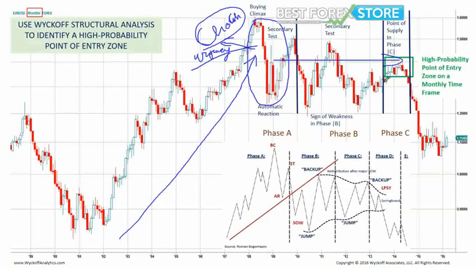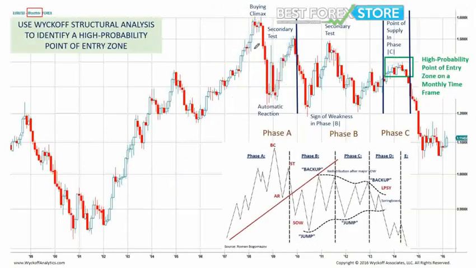Now, imagine how huge this consolidation is, right? So 1.6, 1.2. So we definitely have a lot of pips to collect here in between these two boundaries. Therefore, it's a prime opportunity for us to day trade this structure with an understanding of what should happen next.